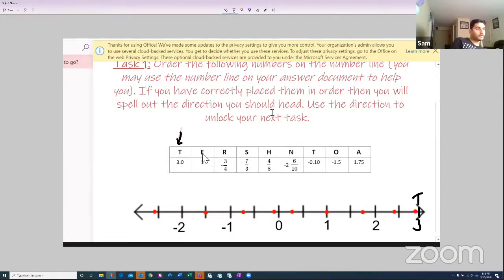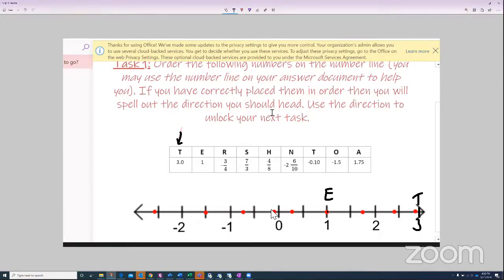Then we could plot this number right here, and E is 1. So E is a positive 1. So this is our center point right here, 0. We have to go to the positive side, and E lies on this point. Then we have -3/4. So it has to go to the left side, but this is a negative 0.75.